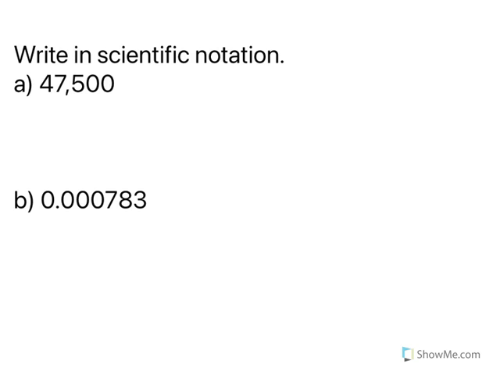Now, our first order of business is to get that first number, and that first number needs to be between 1 and 10. So I say, okay, if I put the decimal point right after the 4 and include all non-zero numbers, so 4.75, I have successfully got a number between 1 and 10. Okay, so times 10 raised to the what power? How do I know the exponent?